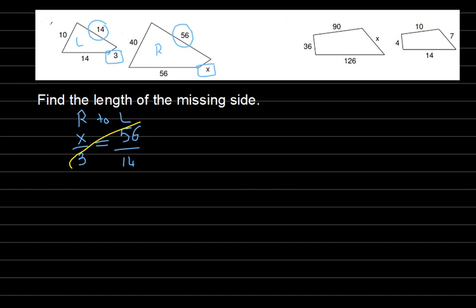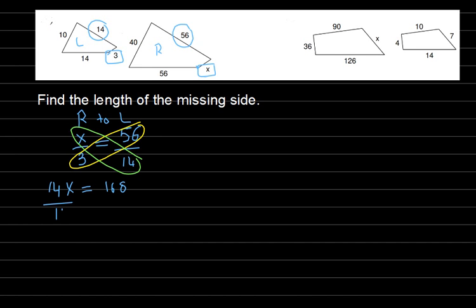So that means you multiply the 56 and the 3, and you multiply the 14 and the x. When you do that, you end up with 14x. Use a calculator and do it using mental math. In mental math, I get 168. I check on the calculator, and I also get 168.